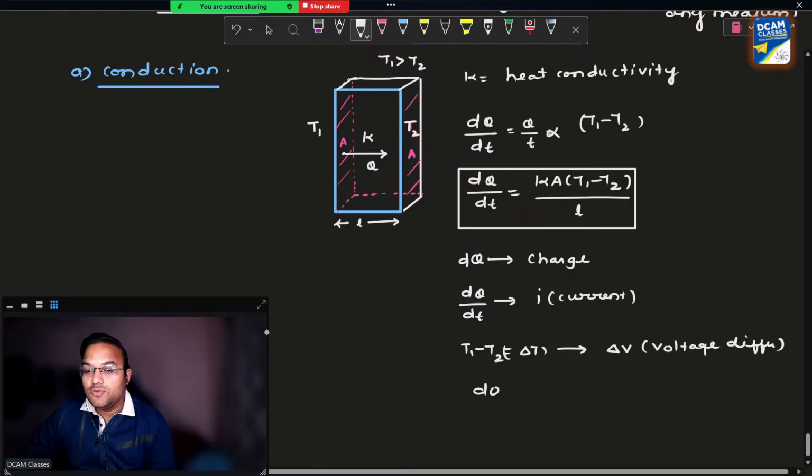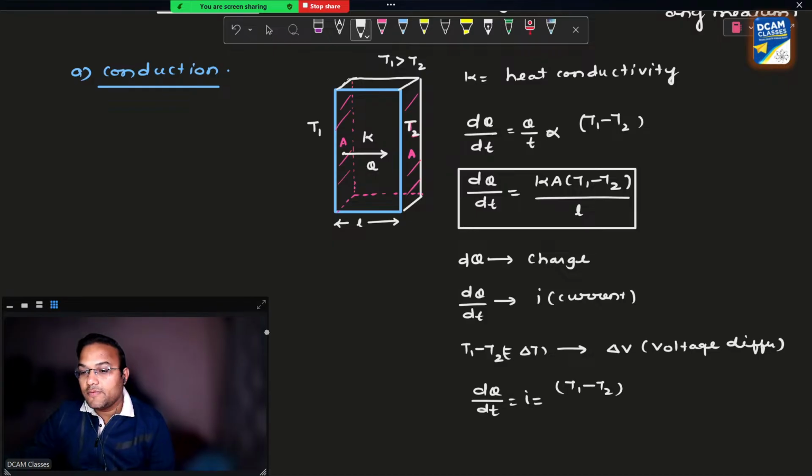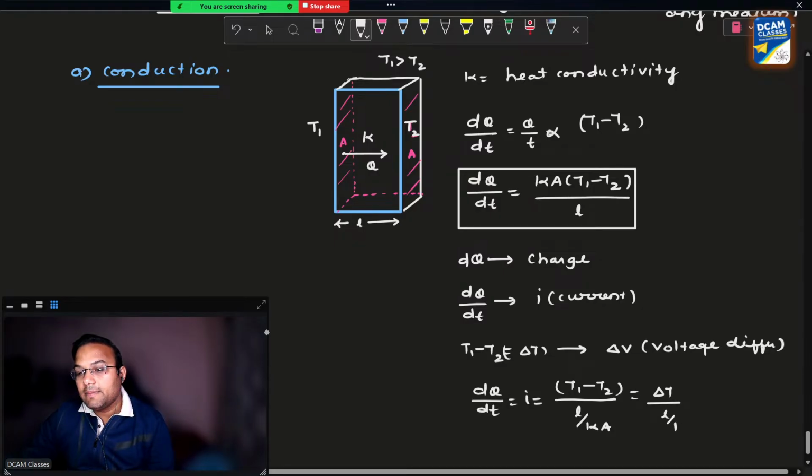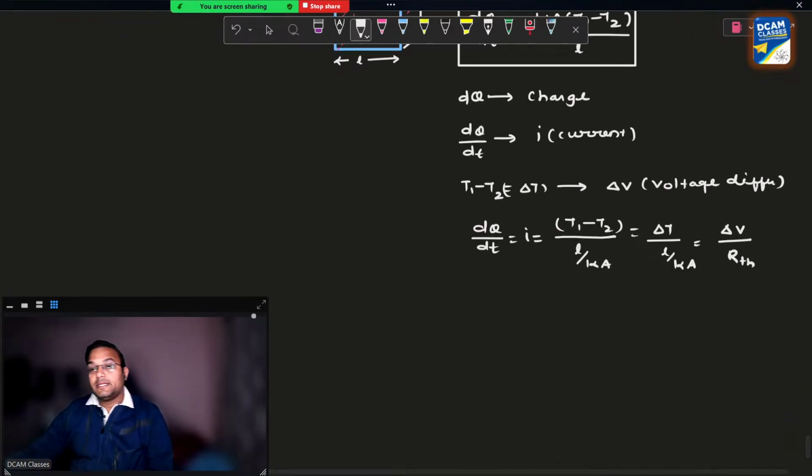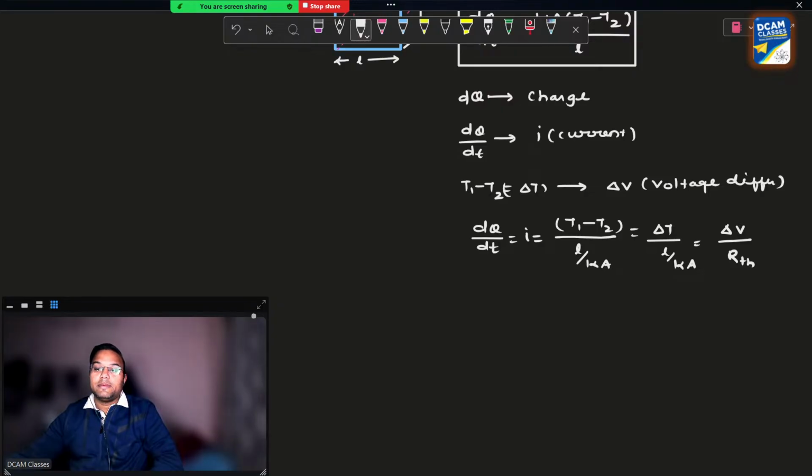In that case, this dQ by dt, which is I, the thermal current, is equal to (T1 minus T2) divided by L by KA, that is delta T by L by KA, which can be compared as delta V by R thermal. So dQ by dt becomes current I, T1 minus T2 is delta V, the voltage difference, so L by KA becomes R, resistance.